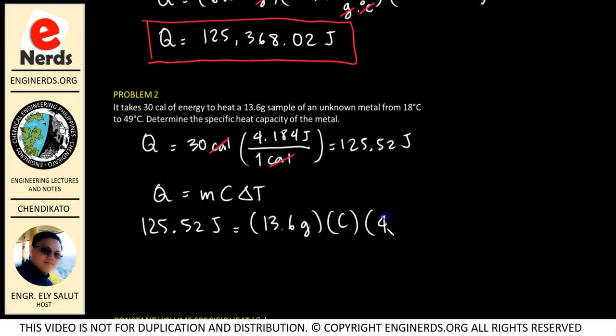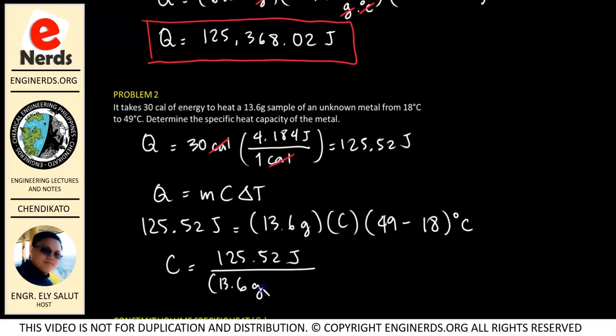So, we have here 49 minus 18 degrees Celsius. Okay? So, we have our C is equal to 125.52 joule over 13.6 grams over 49 minus 18 degree Celsius.